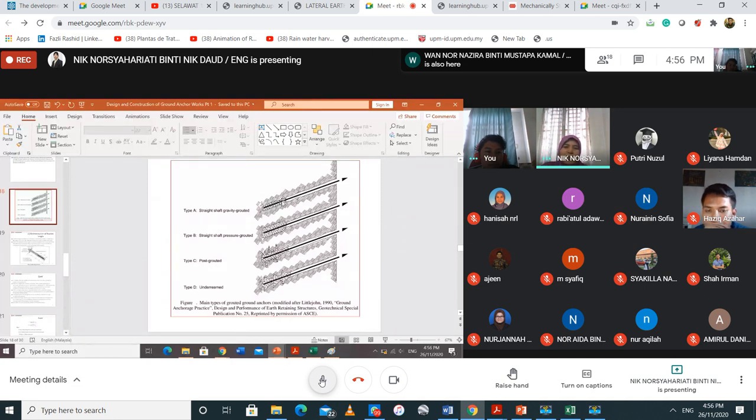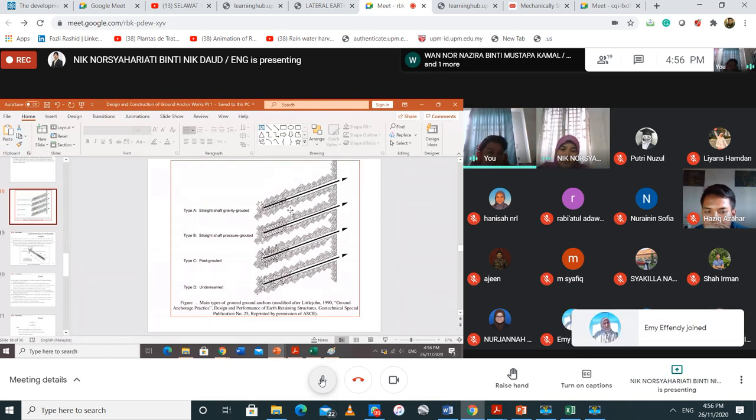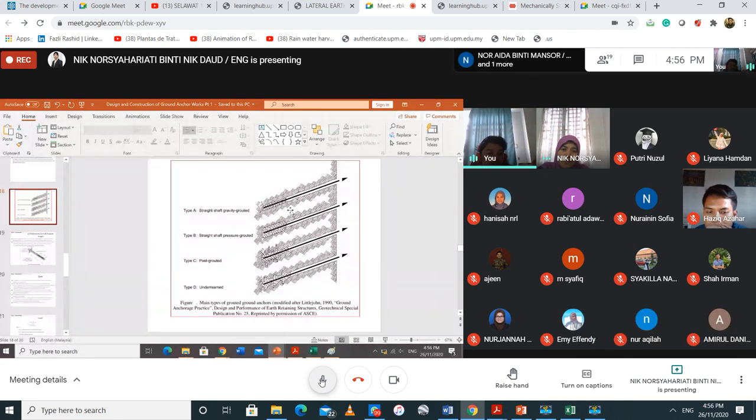So macam saya kata tadi, if you want to know in details, you maybe highlight this type A straight shaft gravity grouted ni, mana apa dia yang you boleh kriteria. Boleh, you boleh decide.